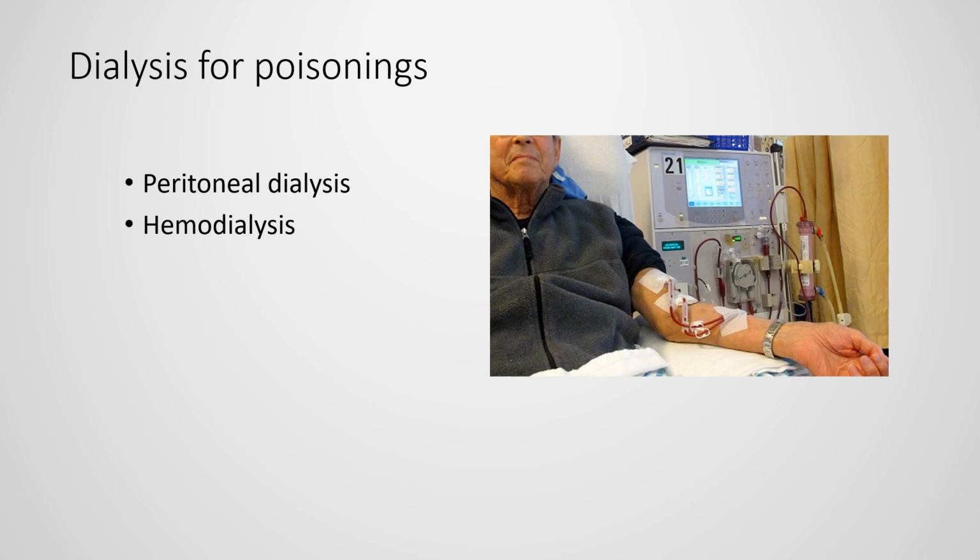Not every drug is dialysable, but many are. So if the typical treatments aren't effective and the patient is getting sicker and sicker and it's a dialysable drug, we will consider hemodialysis to take the poison out of the bloodstream.